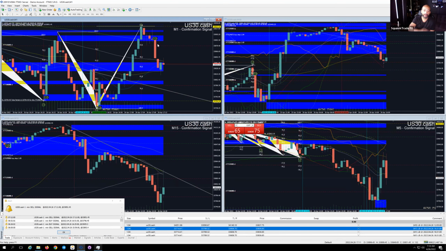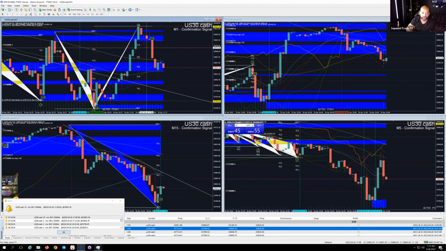That's different. But my point was, it did not get me into this trade until this close. This was a very long candle, and it got me in on the open of the next candle, and this is an M1, so I couldn't have really moved faster.